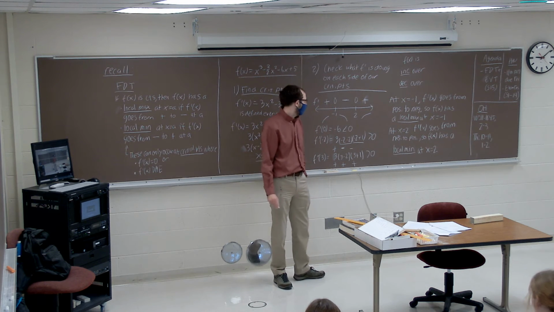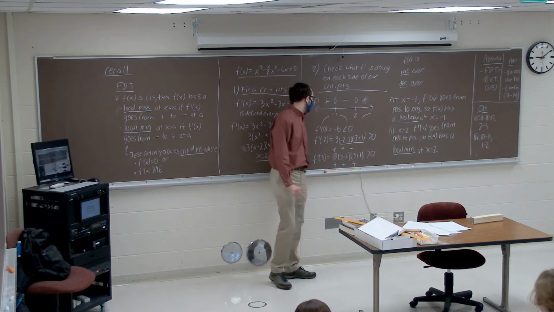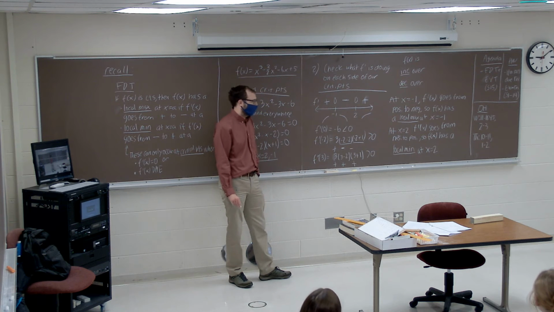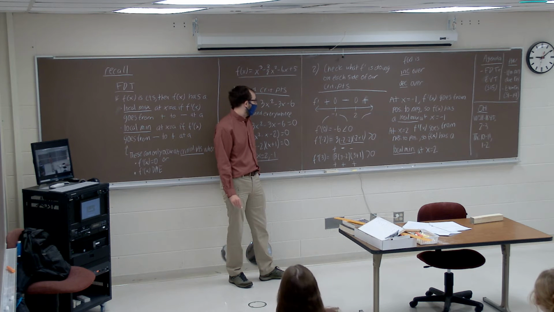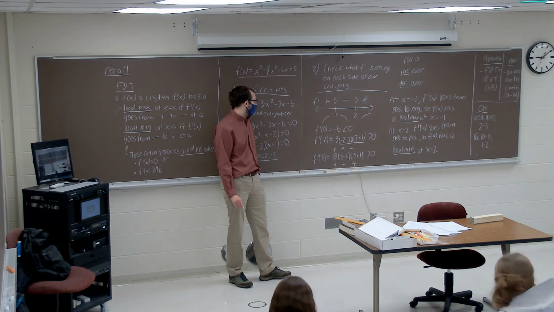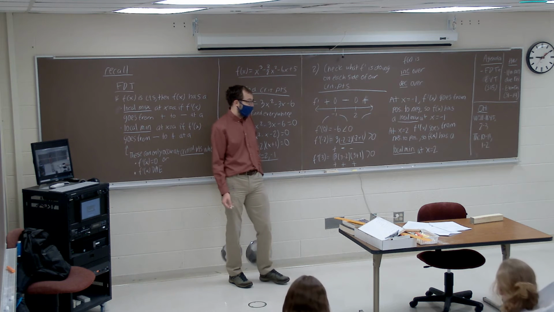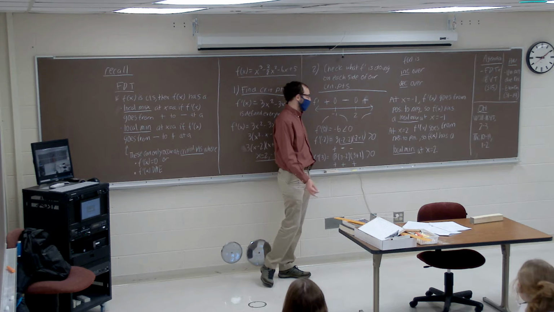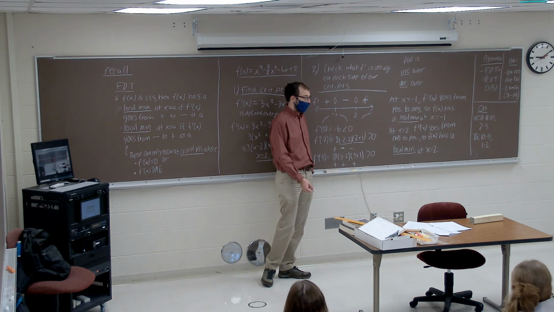It would be decreasing from negative infinity to positive 2. All the way from negative infinity to positive 2? Yeah. If f of x, so you're saying f prime is going to be negative everywhere to the left of 2? Is it increasing or decreasing?